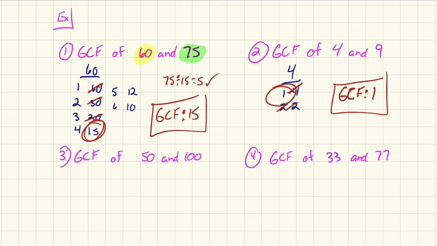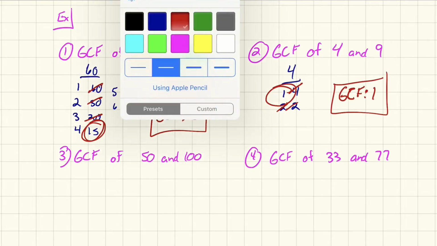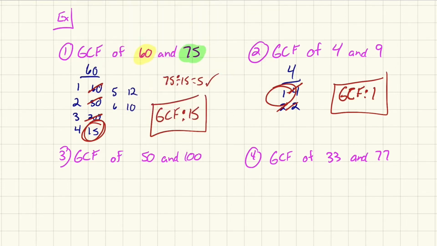Okay, number 3, we have the greatest common factor of 50 and 100. So we're going to start with our factors of 50. Our factors of 50 are going to be 1 and 50. We also have 2 and 25. We also have 5 and 10. So those are all of our factors.